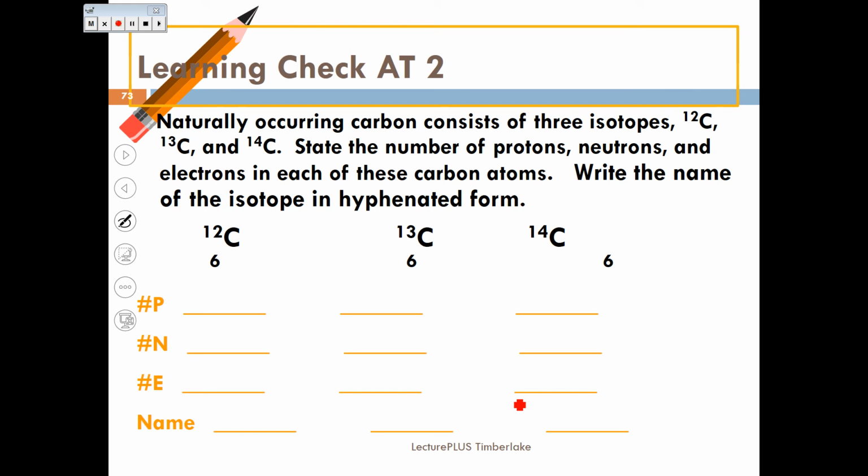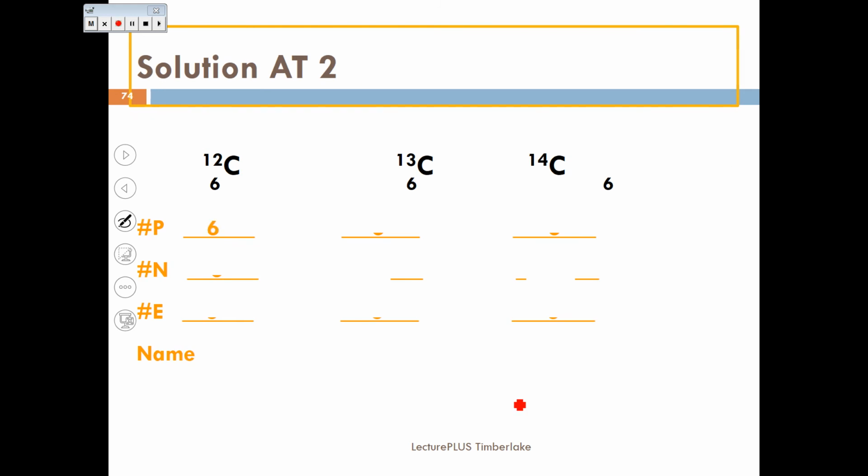All right, for the first carbon isotope, its number of protons is 6. Its number of neutrons is 6. That is calculated from 12 minus 6, the mass minus the atomic number, and then the electrons is 6. And the name would be carbon-12. 12 comes from the mass.